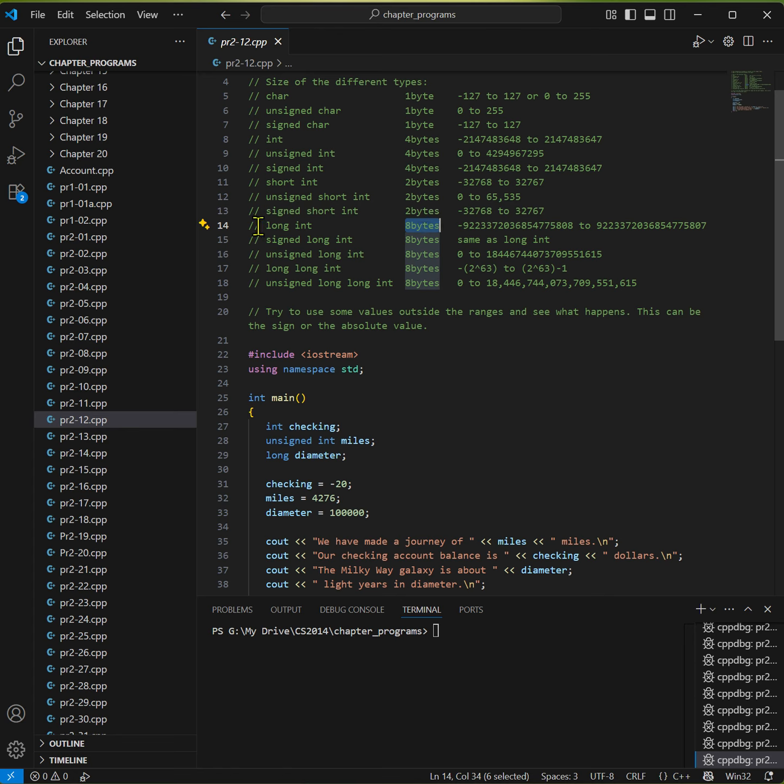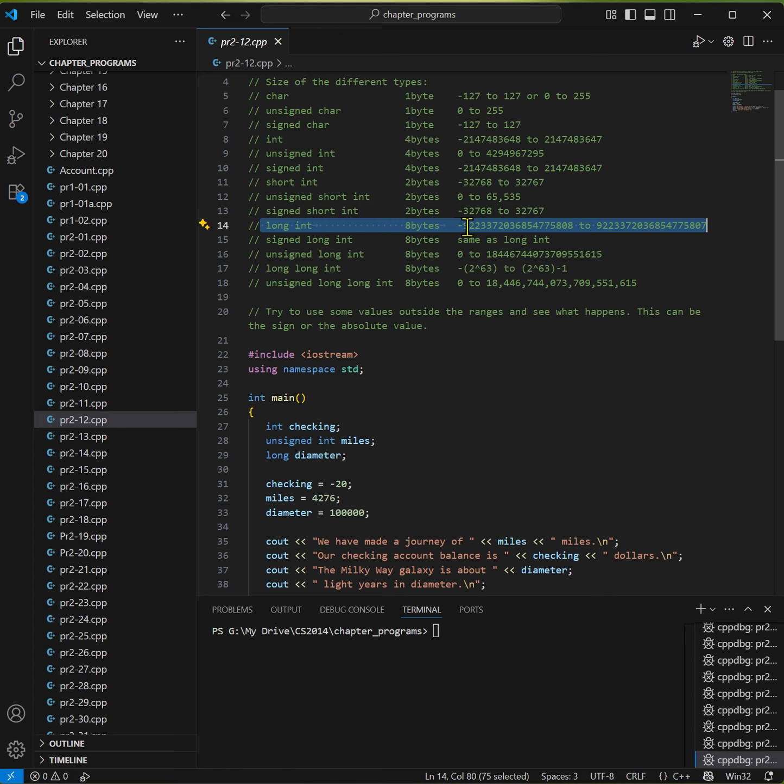And you can also see that when you have this long integer over here and you compare that with a regular integer, you go from 4 bytes to 8 bytes, from minus 2 billion to plus 2 billion, to over here, and I forget exactly how much this is. This is basically a billion times a billion, I think.